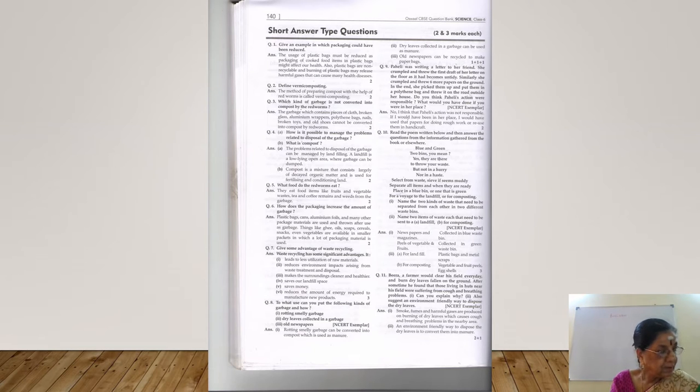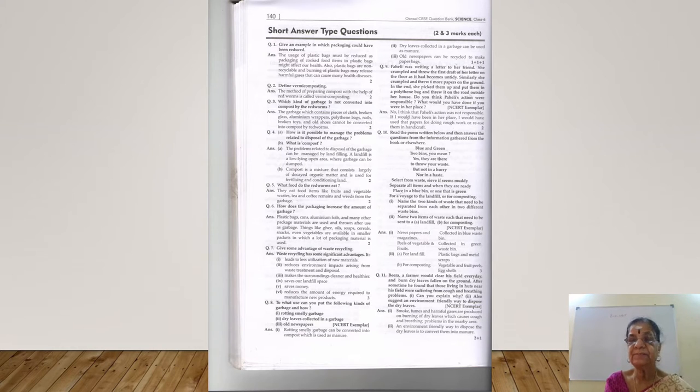Then to what use can we put the following kinds of garbage? Rotting, smelly garbage can be converted into compost which is used as manure. சரியா? Then dry leaves collected in garbage can be used as manure.